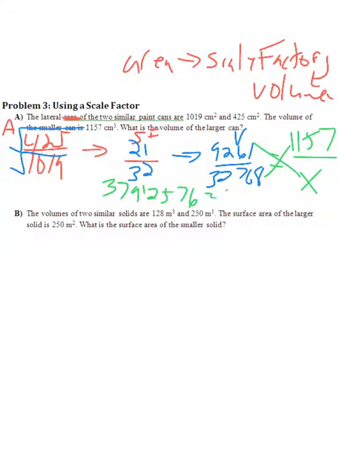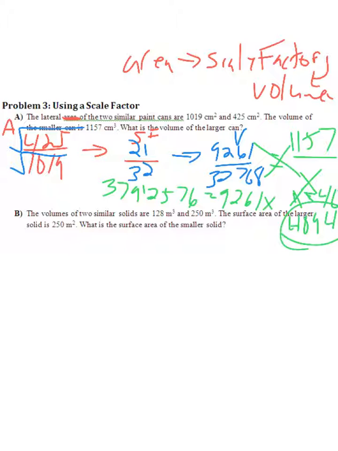And that's going to be equal to 9,261 times x. So then I divide 9261 from both sides, and I get that x is about 4,094. So 4094. That's going to be my volume.